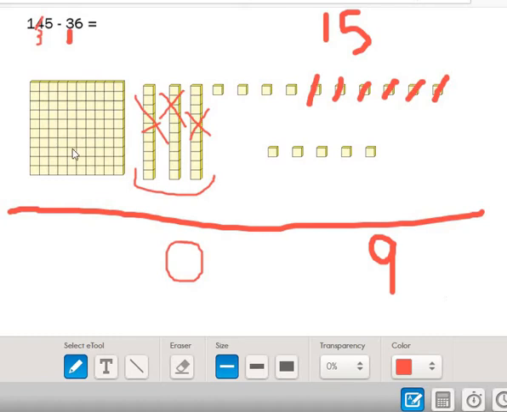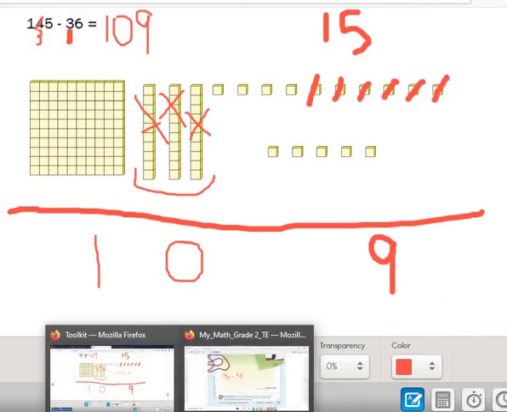So we don't have to cross out any hundreds. So we have 100, 0 tens, and 9 ones. So 145 minus 36 equals 109. So there are 109 jump ropes left.